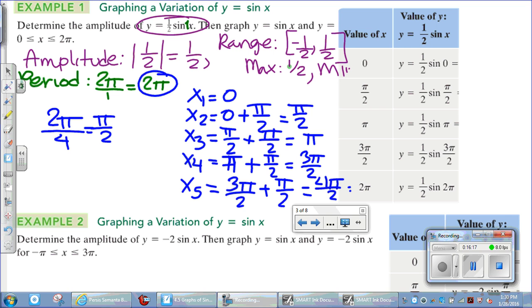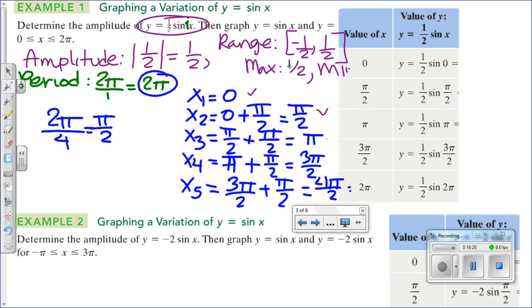Now that we have our 5 x values, we're going to find the y values that correspond to them. So here what I'm doing is I'm going to substitute the x value there. So the very first one will be 1/2 times, what is the sine of 0? 0. So that will be 0.